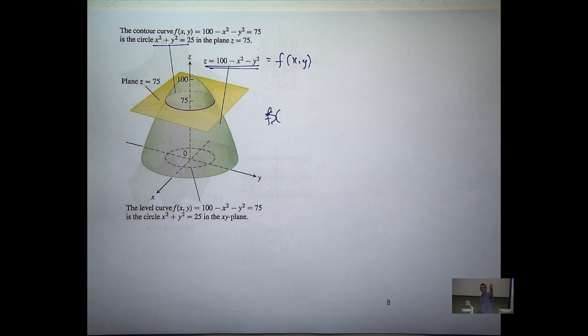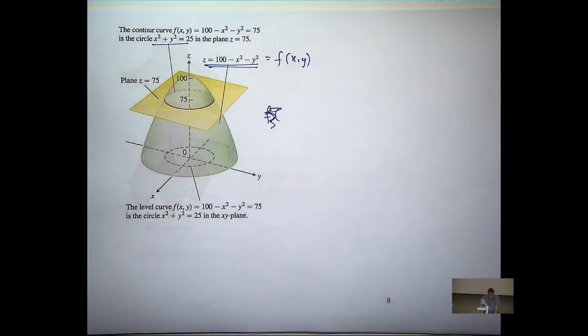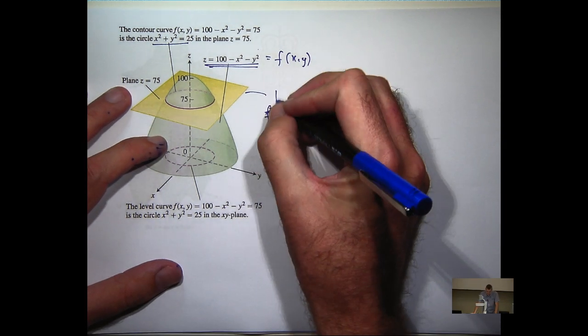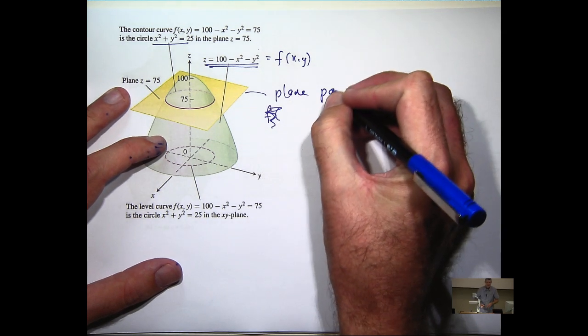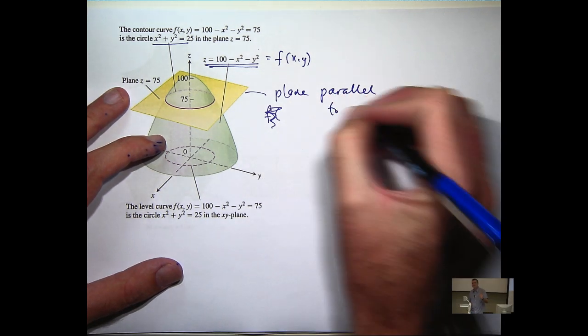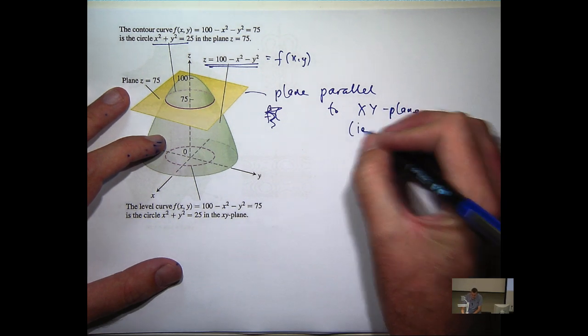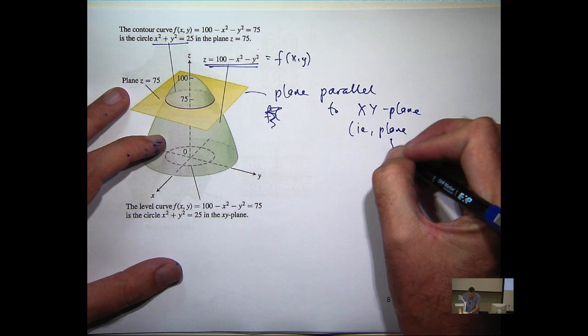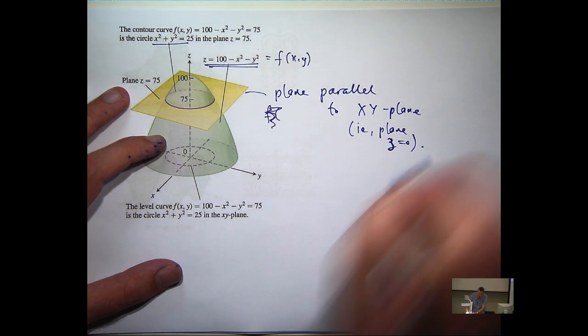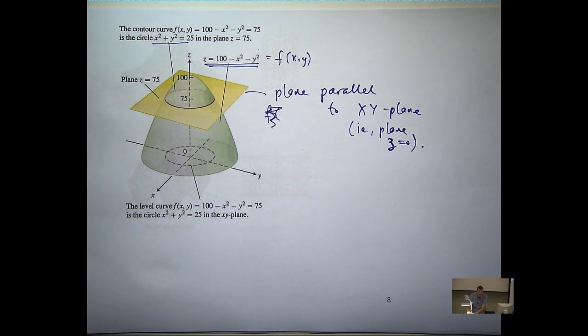Okay, so how does this help us? Well, that gives us some idea of the cross sections of our surface parallel to the xy plane.